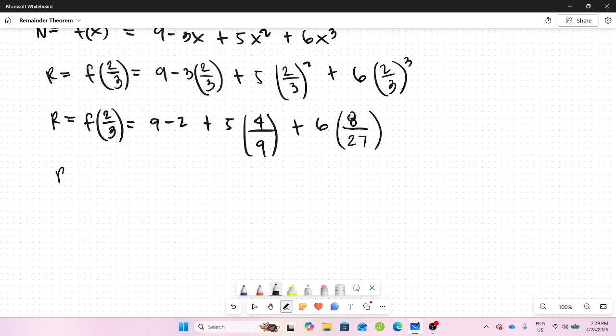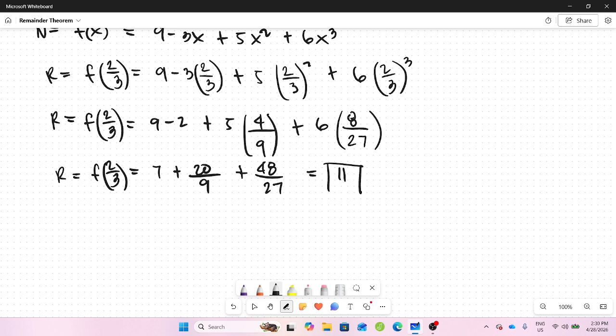Okay, so we have here r equals f of 2/3. We have here 7 plus 20 over 9, plus 48 over 27. We get 11. So this is our remainder.